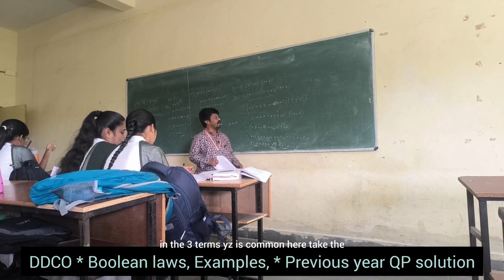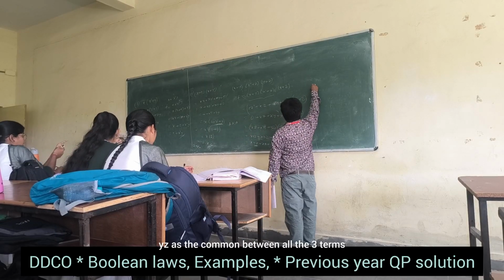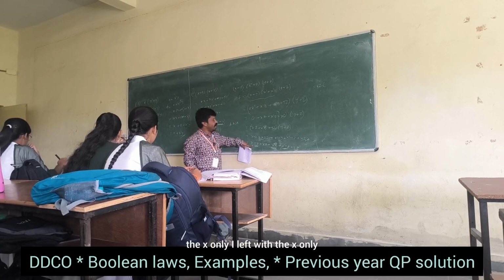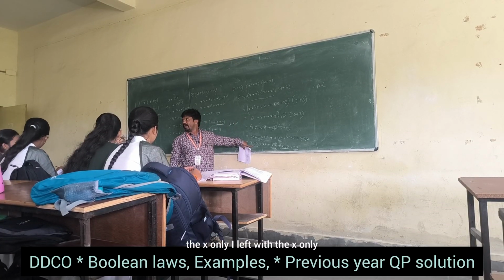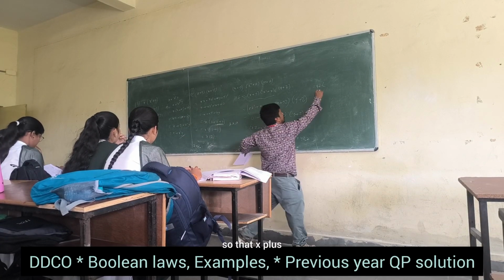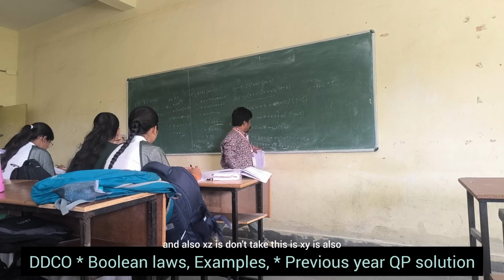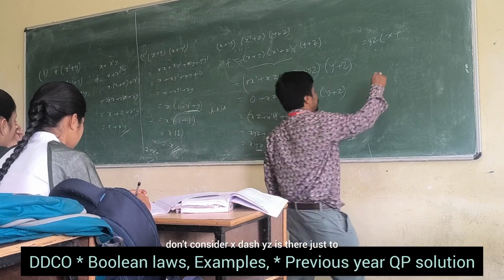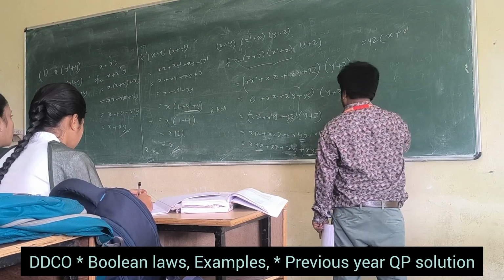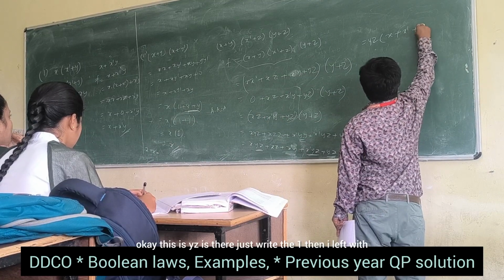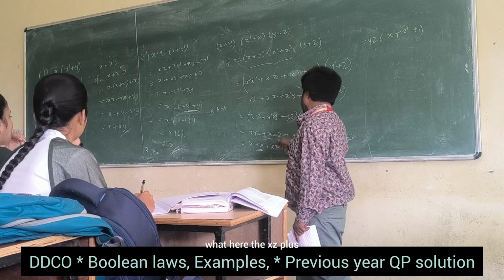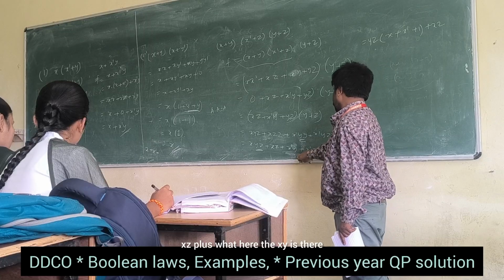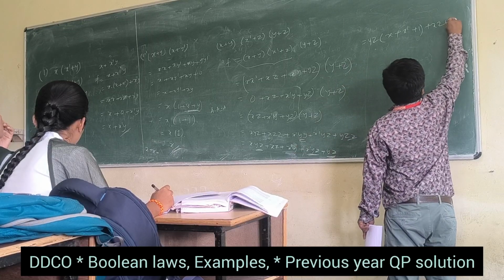Take yz as common between all the terms. I am left with x only, plus x dash, plus 1, and then xz plus 1. Then xy is there.